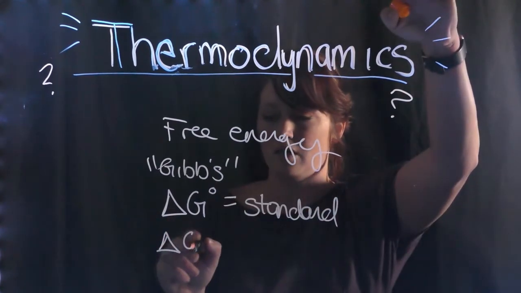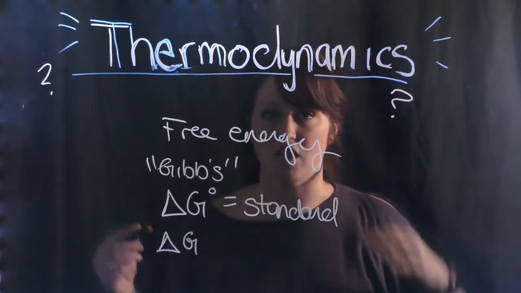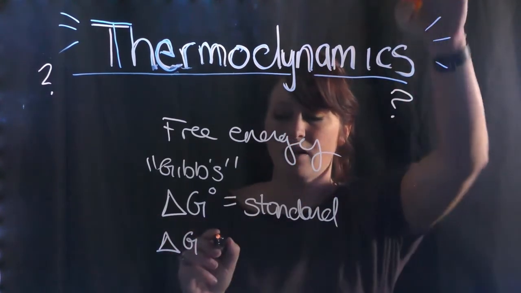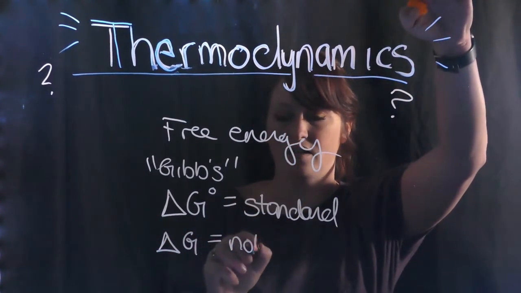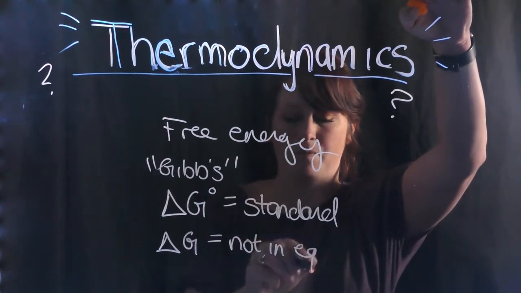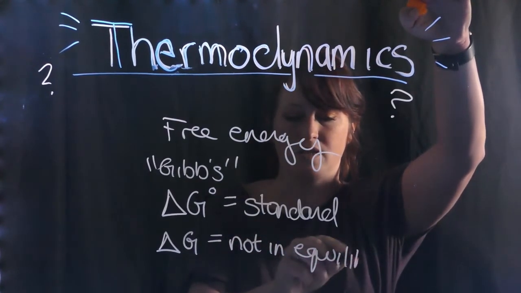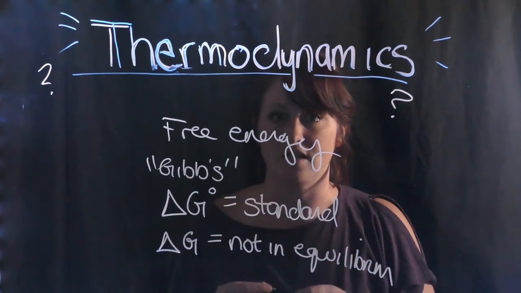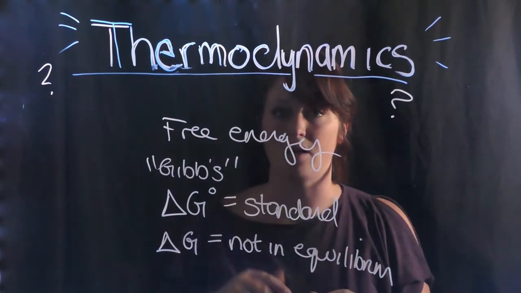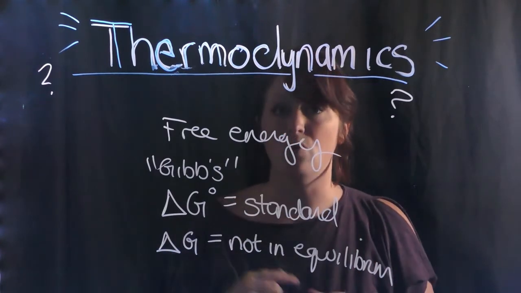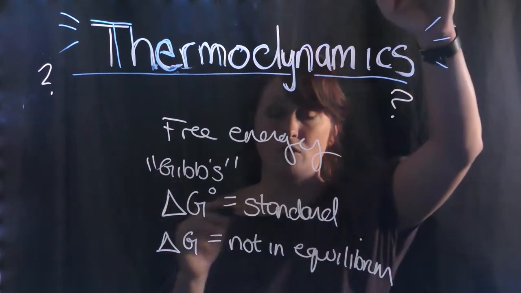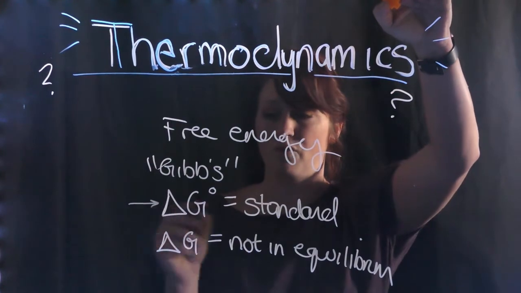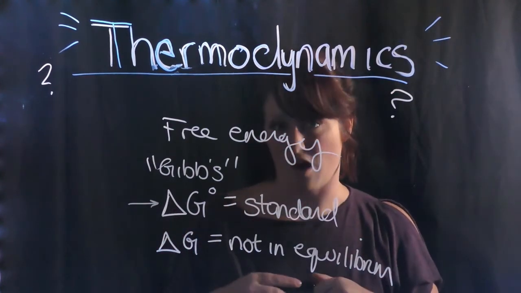Delta G, however, is just the Gibbs free energy, typically of a system that is not in equilibrium. So we have perturbed the system by changing the concentration of our reactants or our products. This is very important to keep in mind as you continue through this module. Most of the videos in this module are going to be focusing on delta G naught.